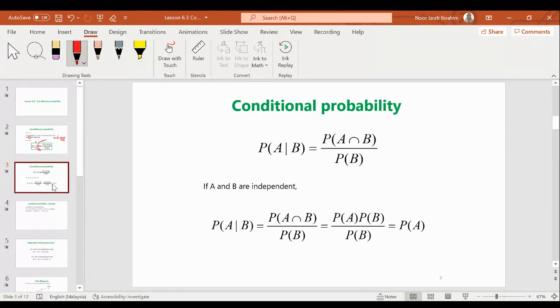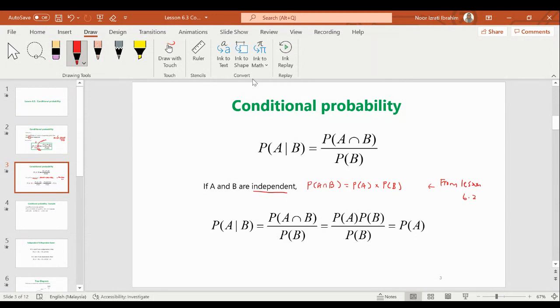If the two events are independent, it means both can happen at the same time and they are not related to each other. So if they are independent, the intersection between them becomes the probability of A times the probability of B. This is from lesson 6.2.